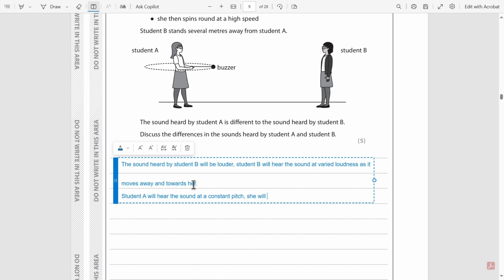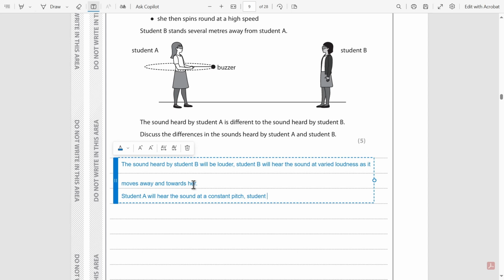She will, there will be no change of sound for her. When speed, no, we'll talk about the concept, we'll talk about speed later.